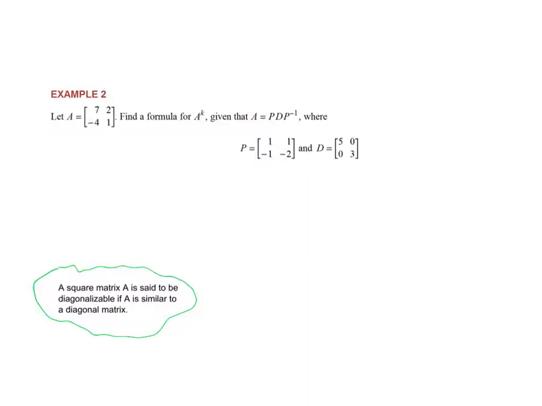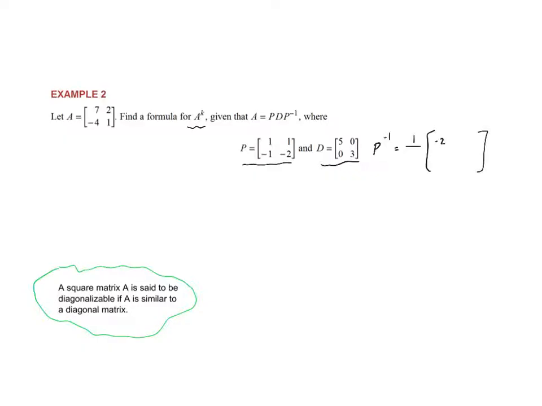All right, so in this example now, we have a matrix A, and we are going to come up with a formula for A to the kth power, and we're given D that it's similar to, and then the matrix P. But what we also need to find is P inverse, and luckily we have a formula for that: 1 over the determinant times switch 2, negate 2.